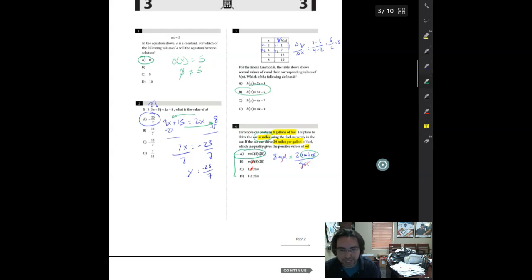Well, D here, what you're saying is that 8 gallons is greater than or equal to 20 miles per gallon times miles. And you can see that this does not agree here.